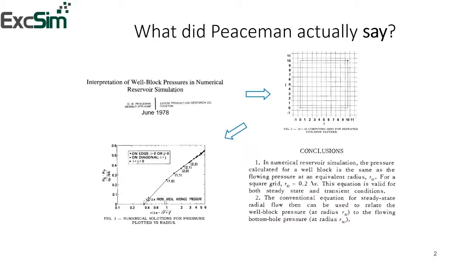And he plotted the pressures once he had achieved steady state conditions. He plotted the pressures as a function of the distance from the center of the well block, or from the well. The distance is shown on a logarithmic axis, and the pressure is shown on the vertical, on a linear axis.